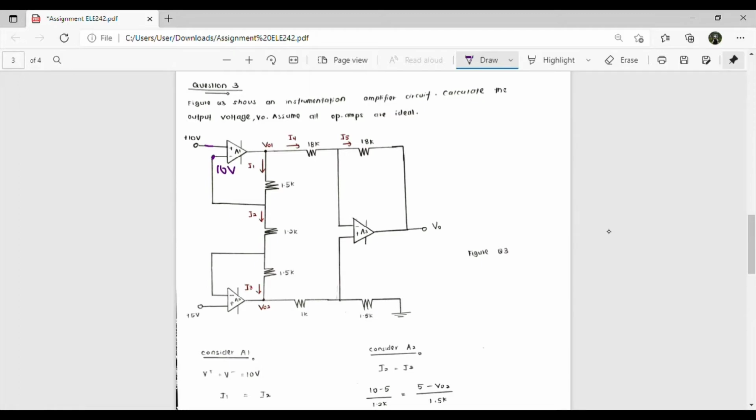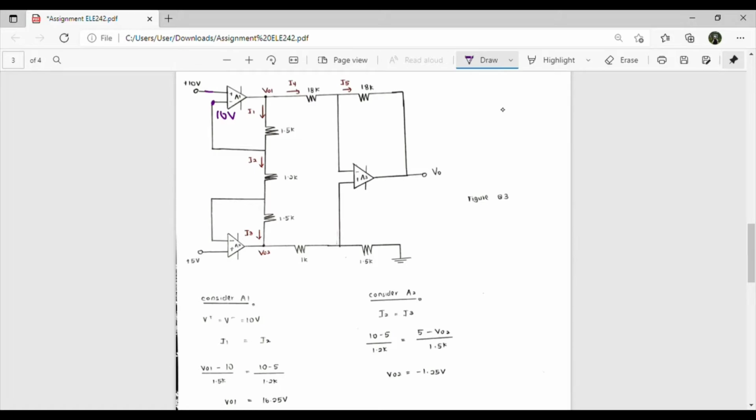Then, to know the value of V node 1, I apply current in equal to current out, which means I1 is equal to I2. So (V node 1 minus 10 volts) divided by 1.5k equals (10 volts minus 5 volts) divided by 1.2k. Why 5 volts here?